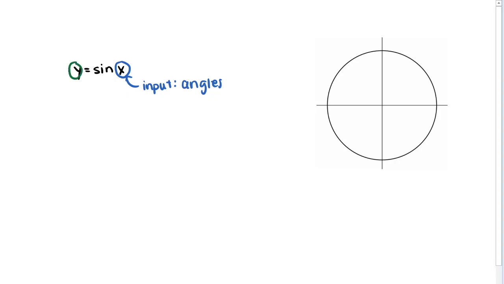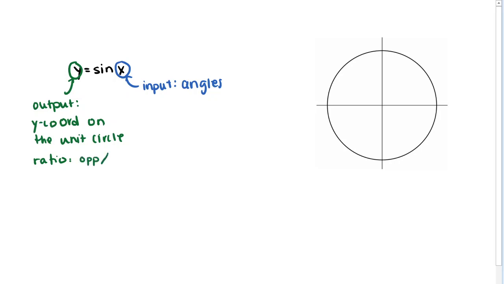And the outputs of this sine function, well, we saw that we can interpret them as the y coordinates on the unit circle. And another way we can interpret them, though this will appear slightly less frequently, but it's still valid, we could interpret them as the ratio opposite over hypotenuse.